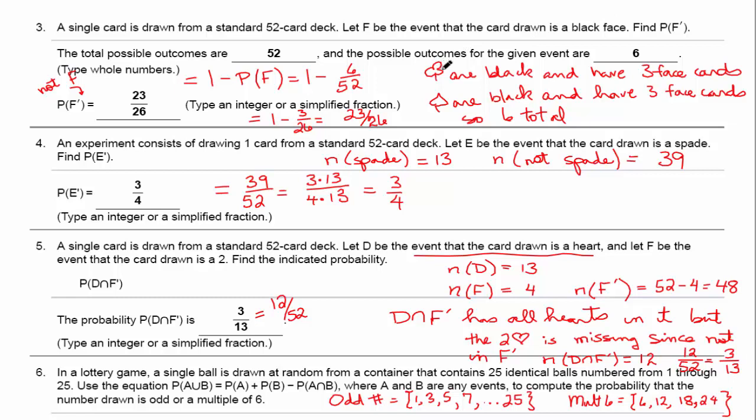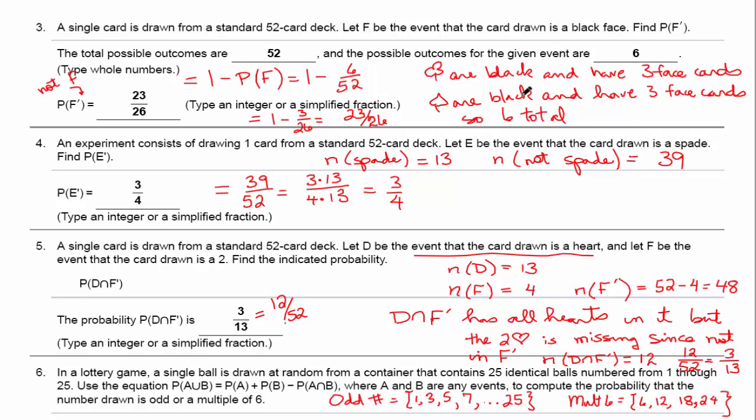Clubs are black, and they have 3 of these face cards, jack, queen, and king. And spades are also black, and they have 3 face cards. So there are a total of 6 black face cards.